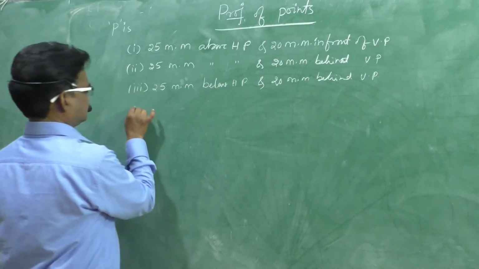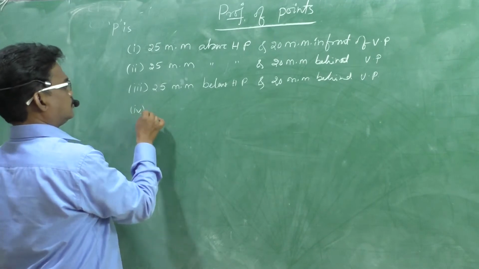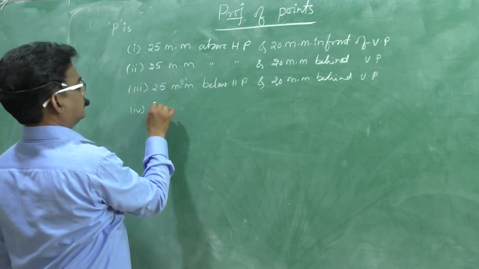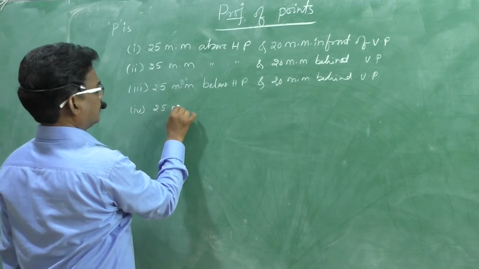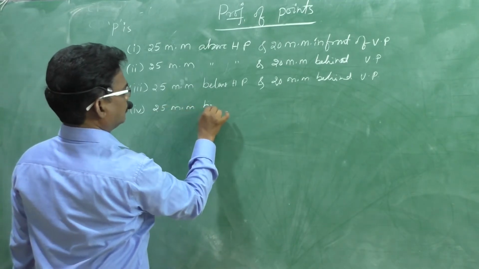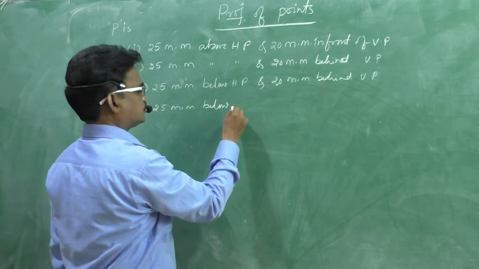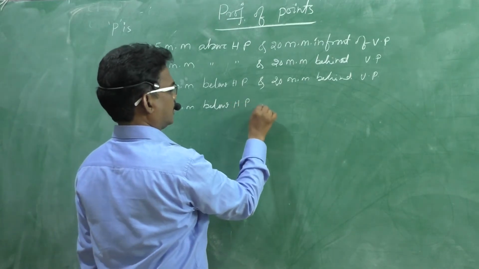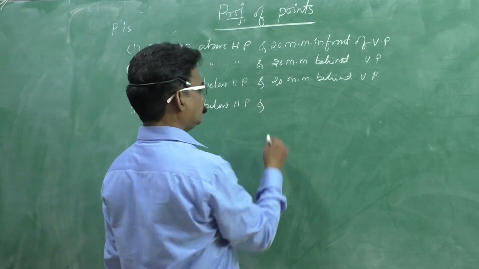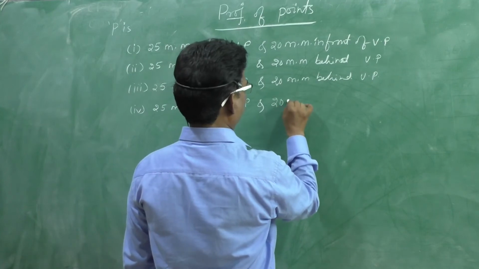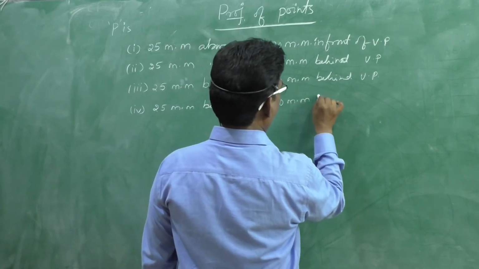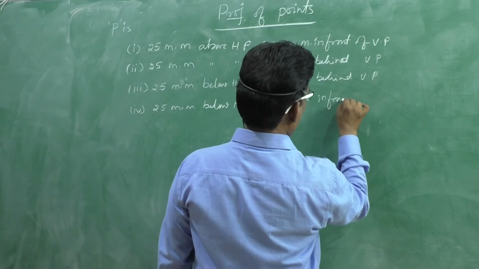Fourth case, point P is 25 mm below HP and 20 mm in front of VP.